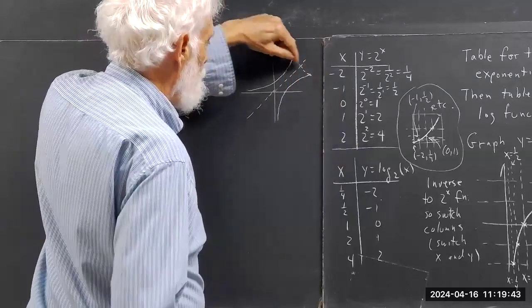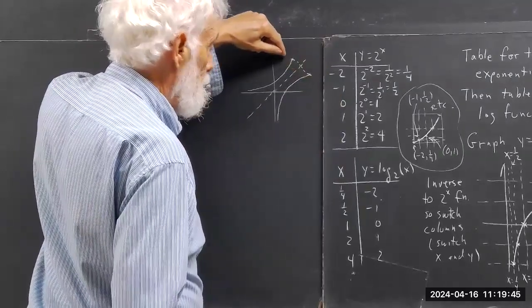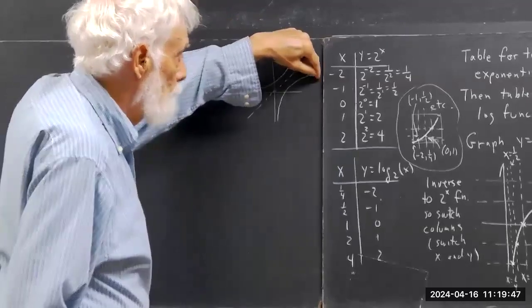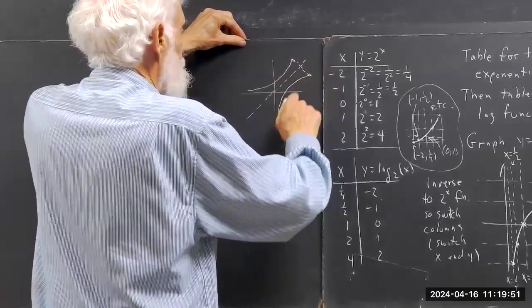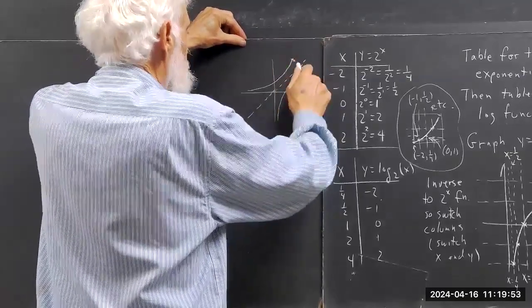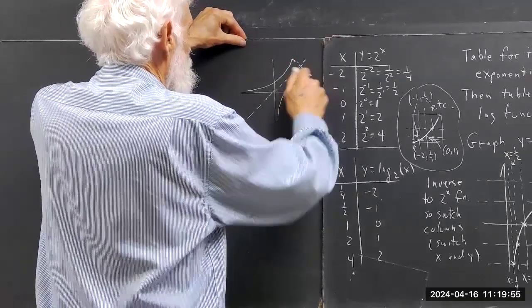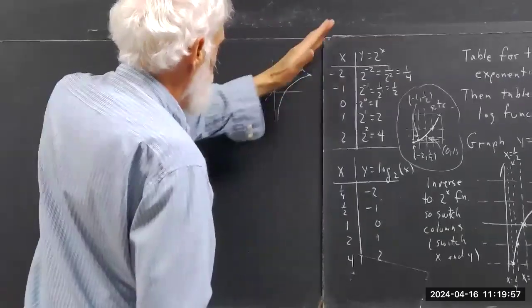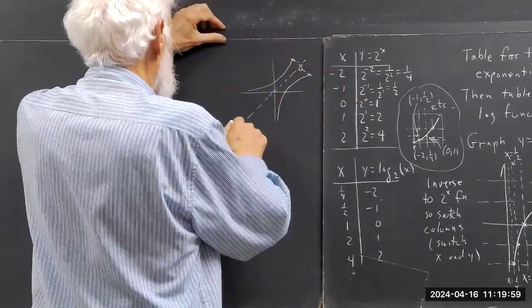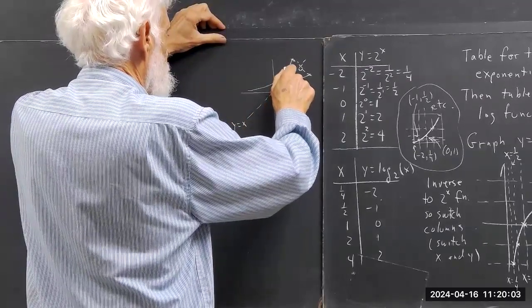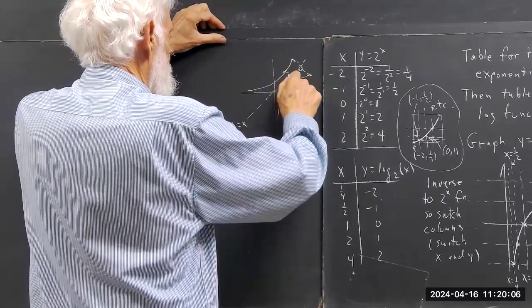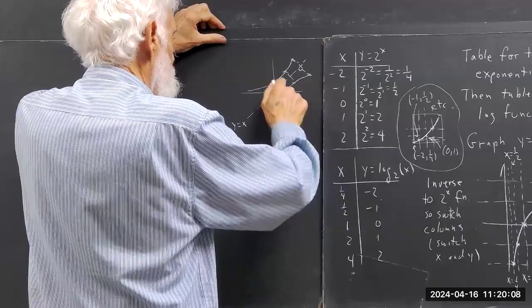If you draw a straight line from this point to the corresponding point, like if this is 2, 4, this is 4, 2, and you use equal scales for x and y, then this line will be at a right angle with your y equals x line. That's an important characteristic, so I'm glad somebody chose to show that.